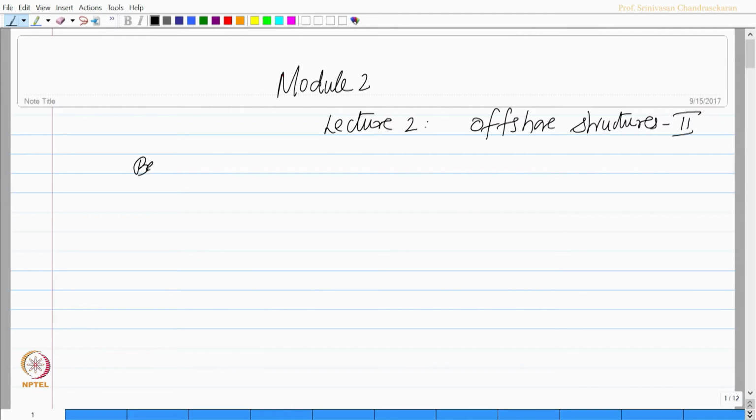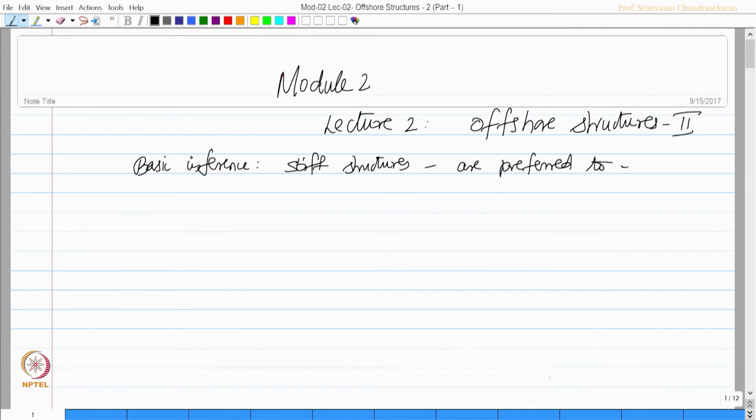We had a basic inference that stiff structures are preferred to encounter the loads.